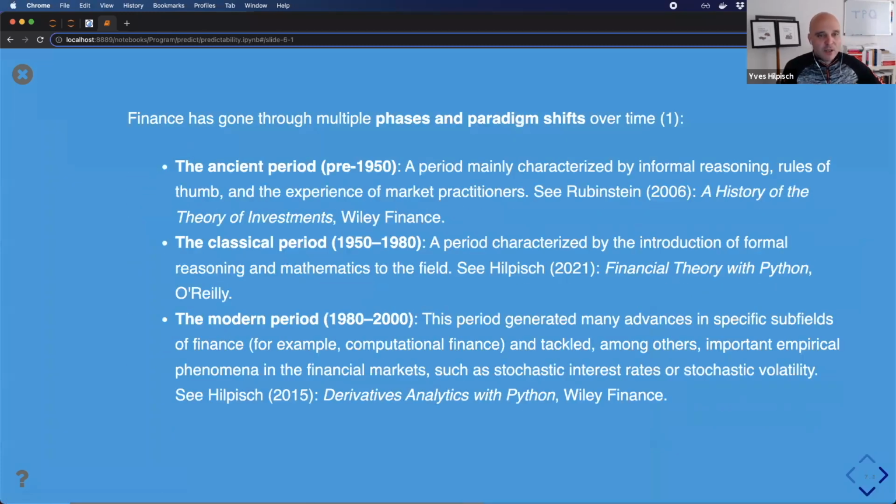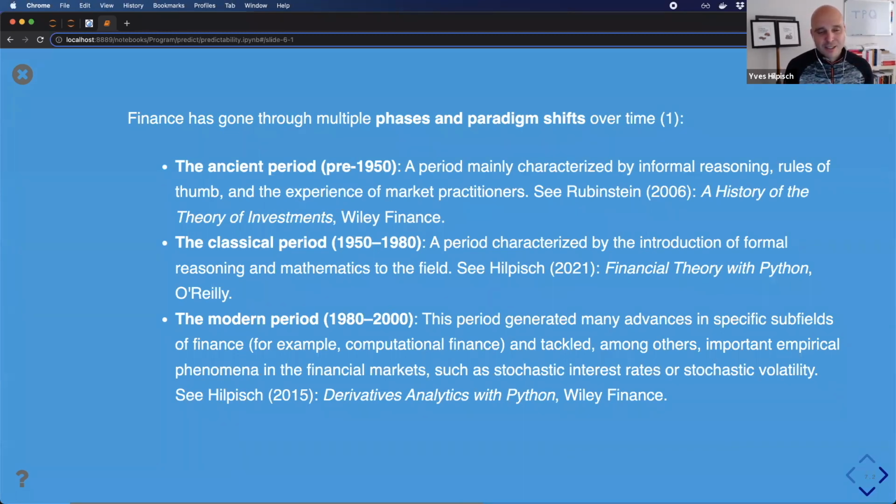So when we now have a look, and I've just included this so that we might have a look at where we're coming from or where we go to. It basically all started here with Markowitz's portfolio theory in 1952, here with the classical period. So my new book coming out in, I think, 2 weeks, Financial Theory with Python, focuses on the classical finance part based on Python, right?